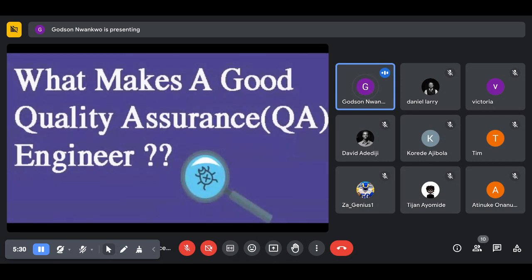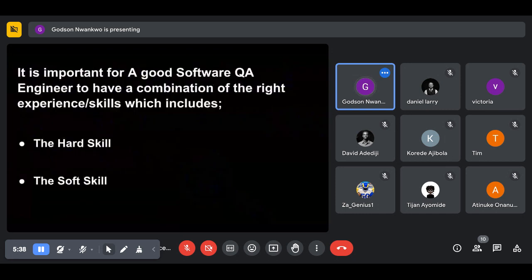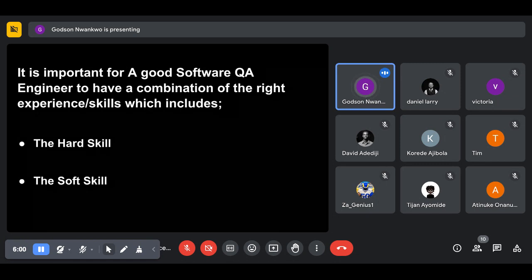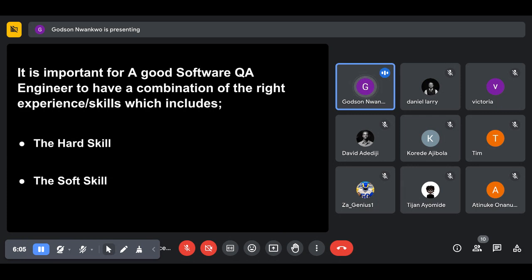This brings us to what makes a good quality assurance engineer. It is important for a good software quality assurance engineer to have a combination of the right experiences, or let's say the right skills, which I will separate into two: the hard skill and the soft skill.